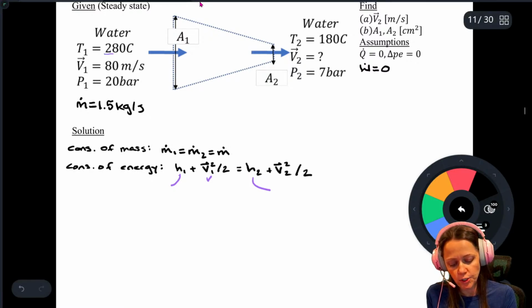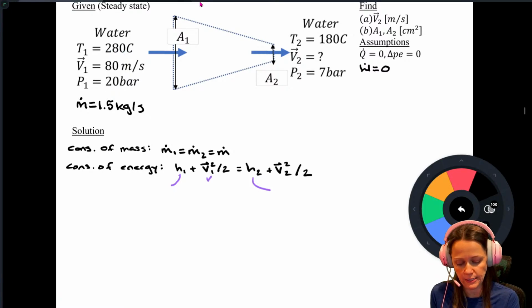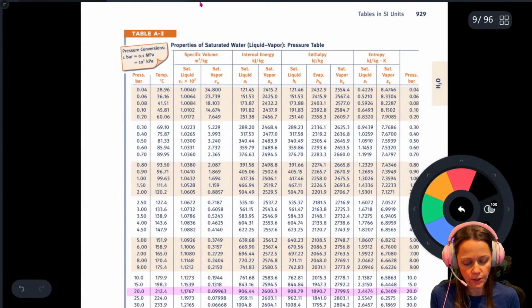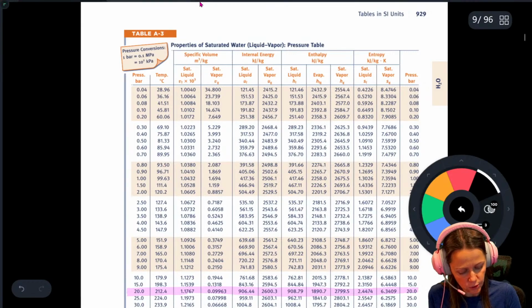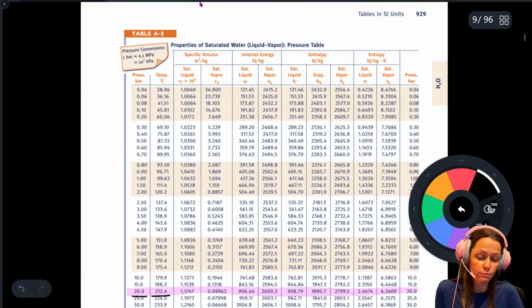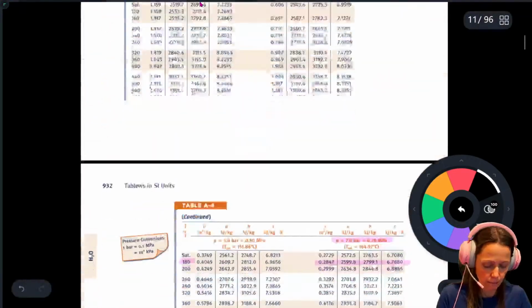So it's state 1, 280 degrees Celsius and 20 bar. I'm going to go to my saturated tables to figure out what phase I'm in. Looking at A3, at 20 bar, the temperature would have to be 212.4 degrees Celsius in order to be saturated, and we're at 280 degrees Celsius. So clearly it's superheated, so I need to go to table A4, my superheated tables.